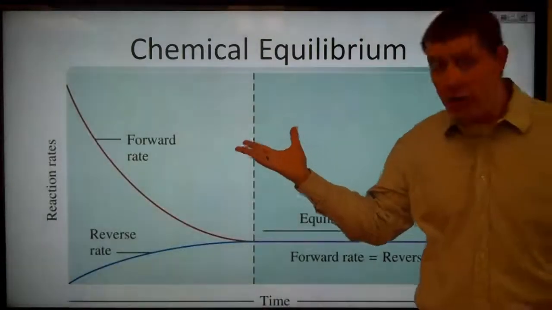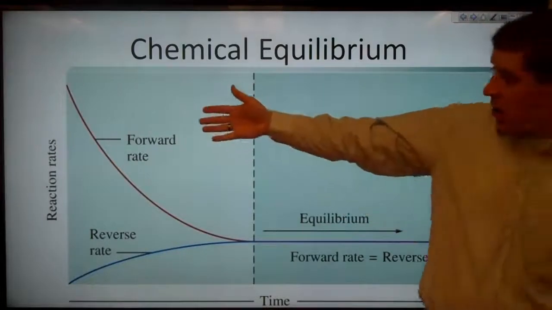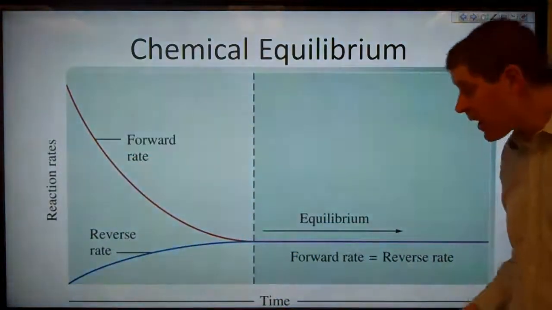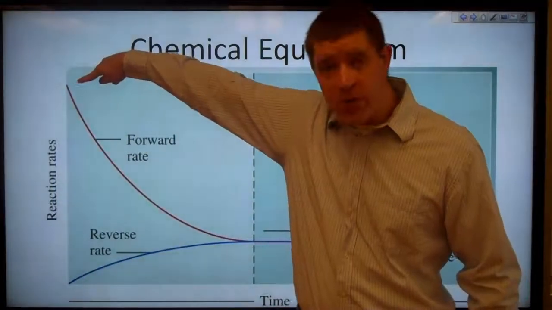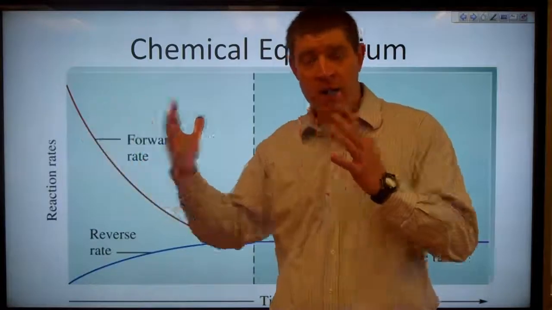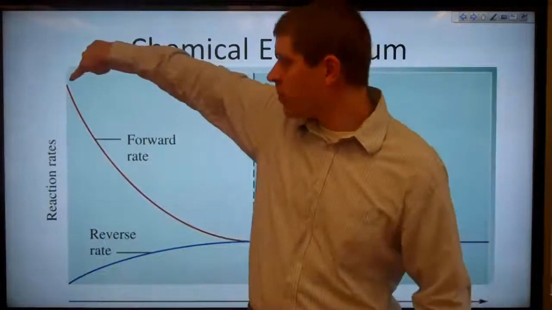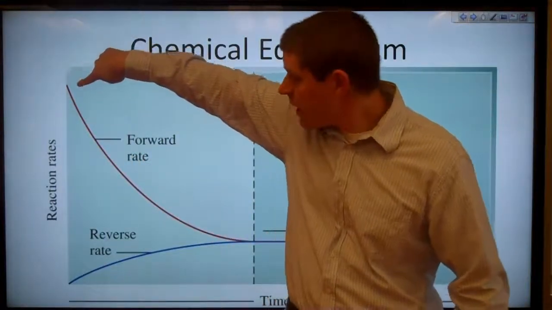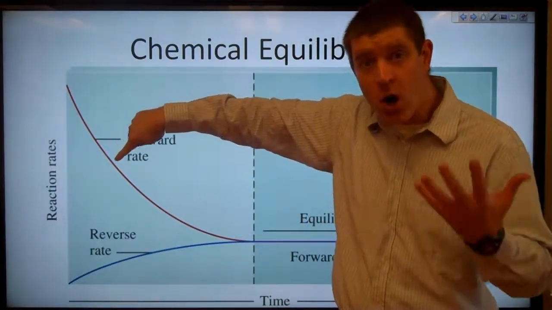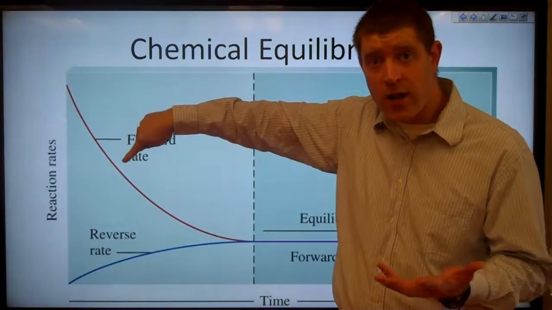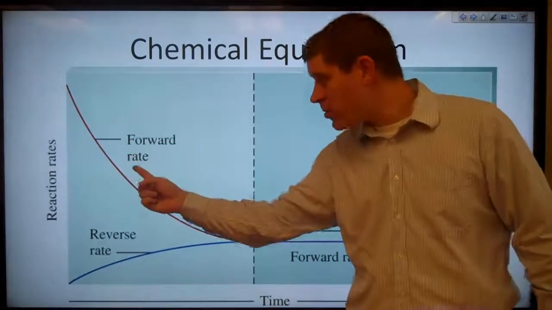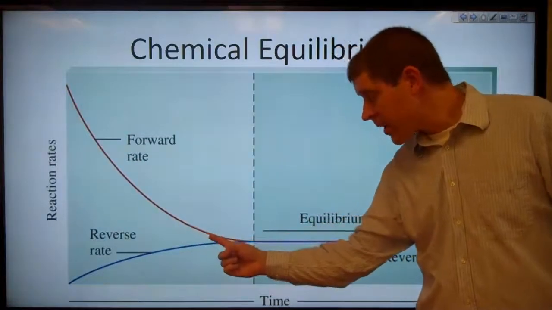So another way of looking at this is graphically. We have reaction rate as a function of time, and here we have the forward reaction rate. Initially, we have only reactants around, we don't have any products around, and so the forward reaction rate is very high. Over time, as that forward reaction occurs, we're lowering the concentration of NO2 that we have around, and that means that our forward reaction rate is going to drop, and it drops and drops and drops.